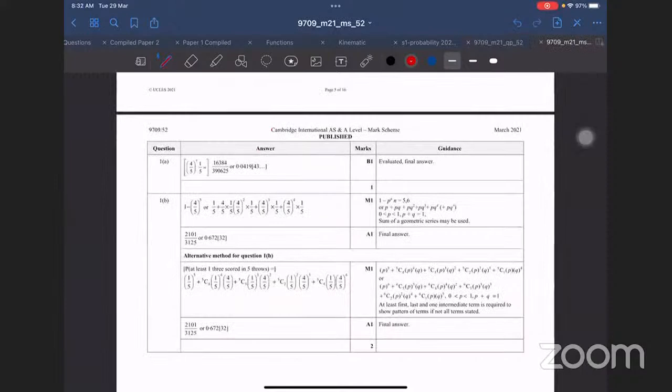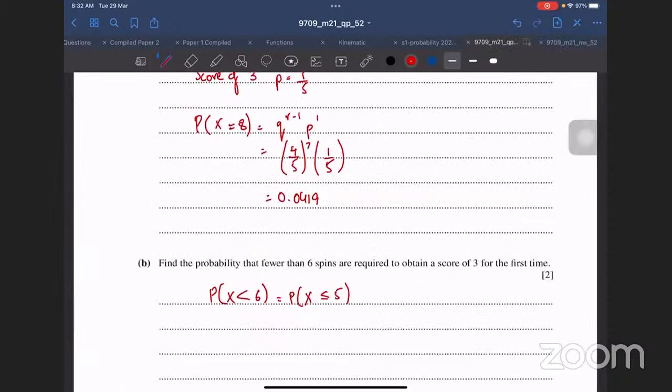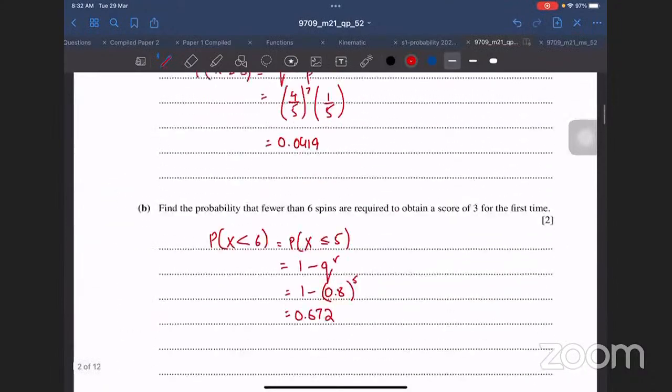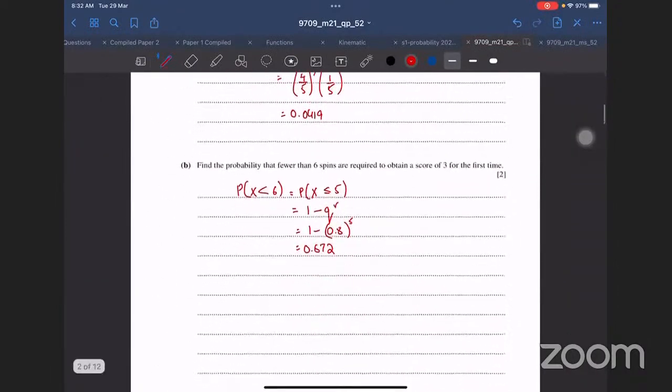And I can simply say that this then becomes 1 minus q power r, which is 1 minus 0.8, which is 4/5 basically, power 5. That's the formula for less than or equal to. Yeah, 0.672. That was a simple question on geometric distributions.